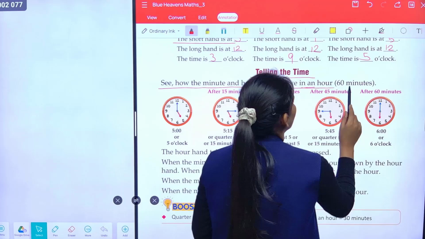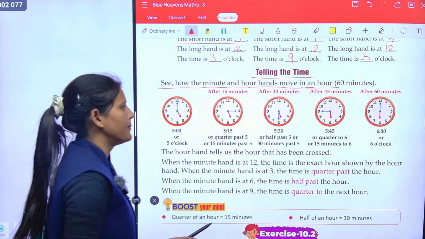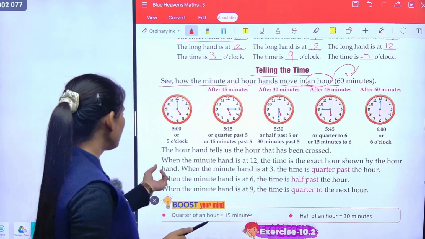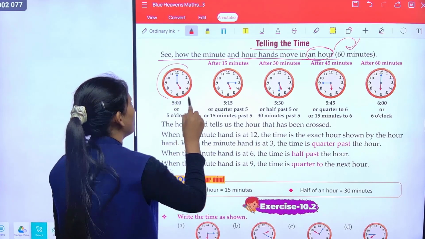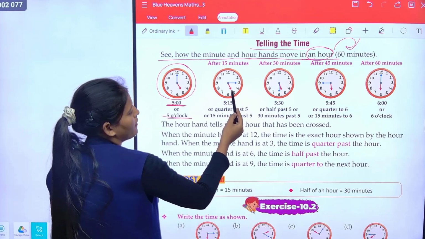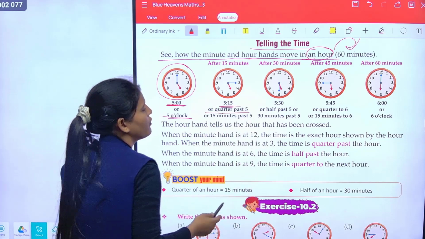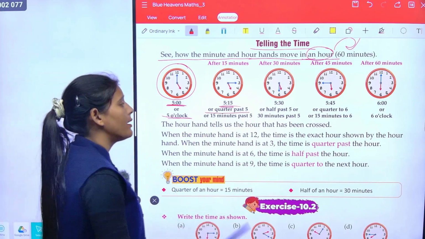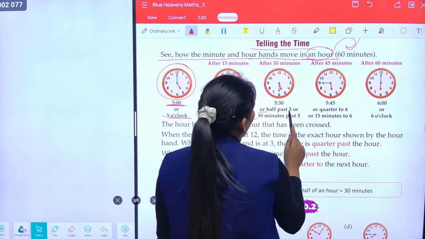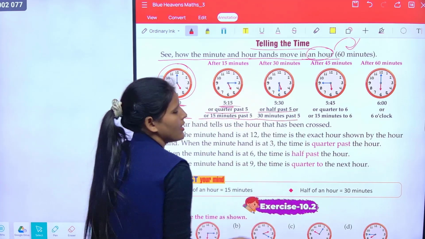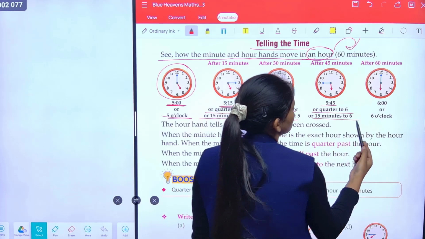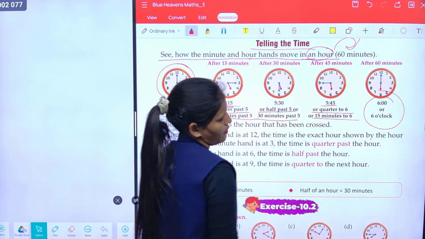In 1 hour, 60 minutes. एक घंटे में कितने मिनट्स होती हैं? 60 मिनट्स होती हैं. ओके. नाउ 5 o'clock. इस घड़ी में क्या हो रहा है? 5 o'clock. हम इसको ऐसे भी लिख सकते हैं, लाइक दिस वी कैन राइट ऑल्सो. नाउ 5:15 हो रहे हैं इस घड़ी में, सो वी कैन राइट क्वार्टर पास्ट 5 और 15 मिनट्स पास्ट 5, 5:30 और हाफ पास्ट 5 और 30 मिनट्स पास्ट 5, 5:45 quarter to 6, 15 minutes to 6, now 6 o'clock.